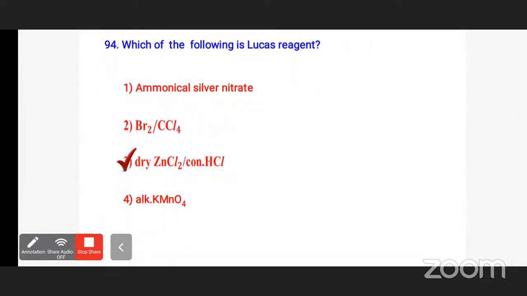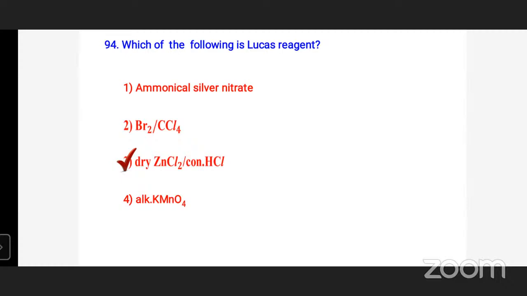Which of the following is Lucas reagent? Ammoniacal silver nitrate; second option is Br2 in carbon tetrachloride; number three, dry ZnCl2 and concentrated HCl; fourth option is alcoholic KMnO4. So Lucas reagent is dry ZnCl2 and concentrated HCl.